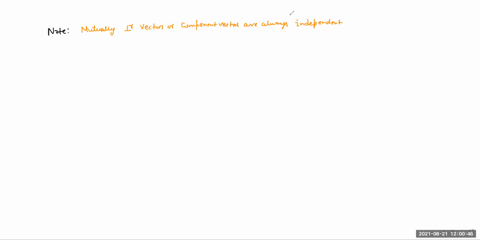Sir, yes, the component vectors do not affect each other. Okay. Component vectors don't affect each other because of this. Try to understand this concept. Let's say this is a vector. We can think that this vector can be replaced by two other vectors as per the triangle law.